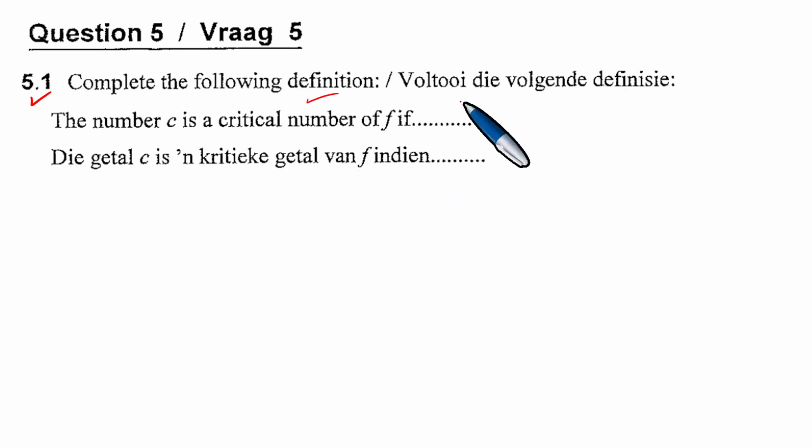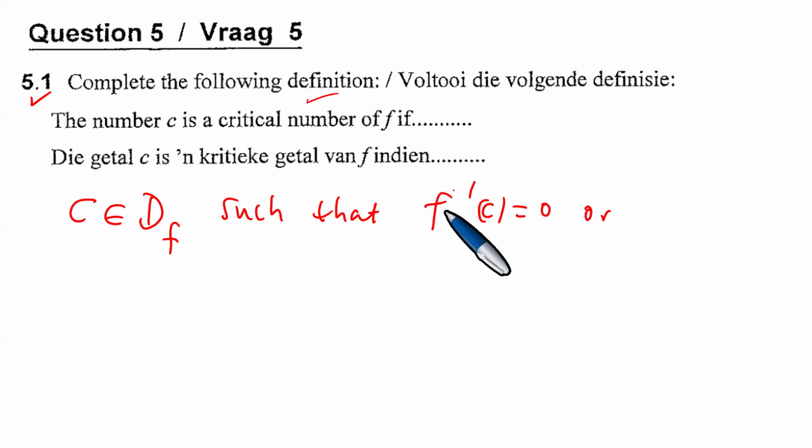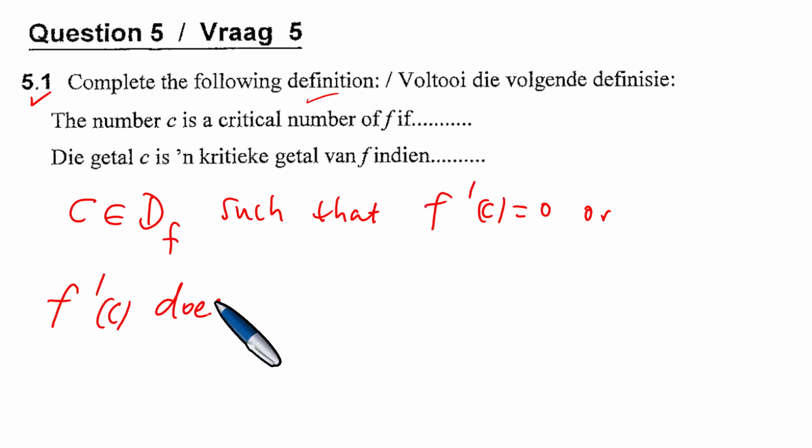A couple of things you might forget here. The critical number C must be an element of the domain of F, such that F prime of C equals 0, or F prime of C does not exist.